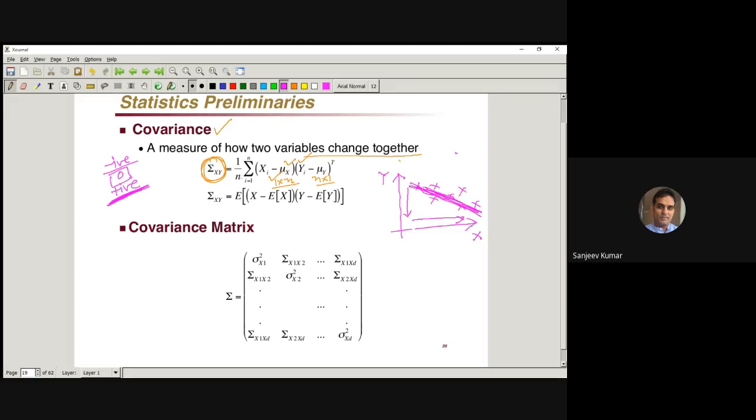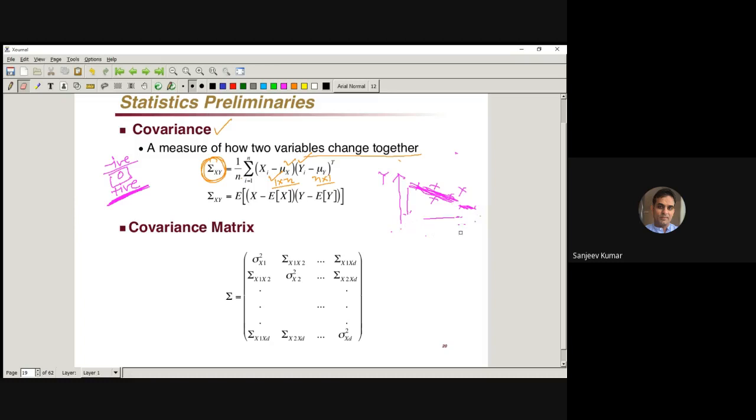So if x is increasing in this direction, y is decreasing. Hence, here you must have negative covariance. And 0 means you cannot make this kind of analysis. I will give you more examples of this. So this is about covariance.